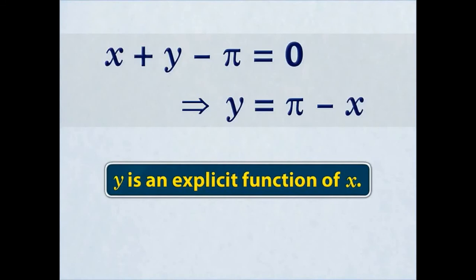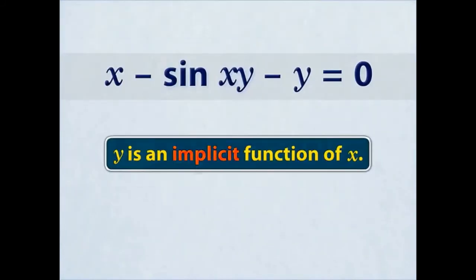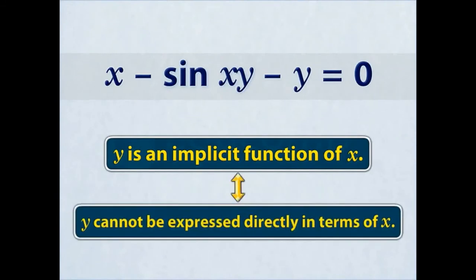So, y is an explicit function of x means that y can be expressed clearly in terms of x. In contrast, implicit means indirect. So, y is an implicit function of x means that y cannot be expressed directly in terms of x.